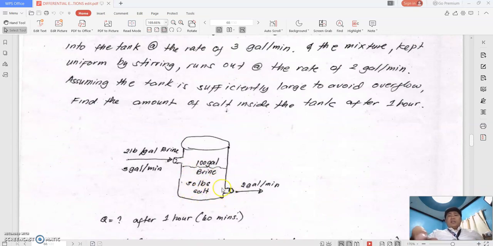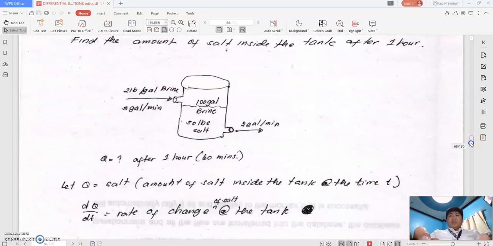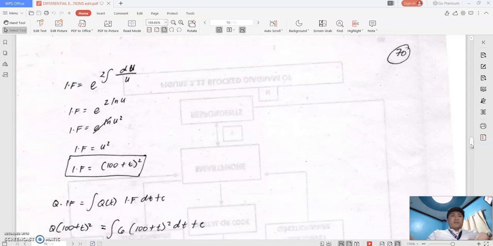So at first, naa siya'y 50 pounds of salt that is dissolved in brine at time 0. Karon, gipangutana pila naman ang salt niya after an hour. Since everything here is in minute, so we'll change the hour into minute, which is 1 hour is equivalent to 60 minutes.